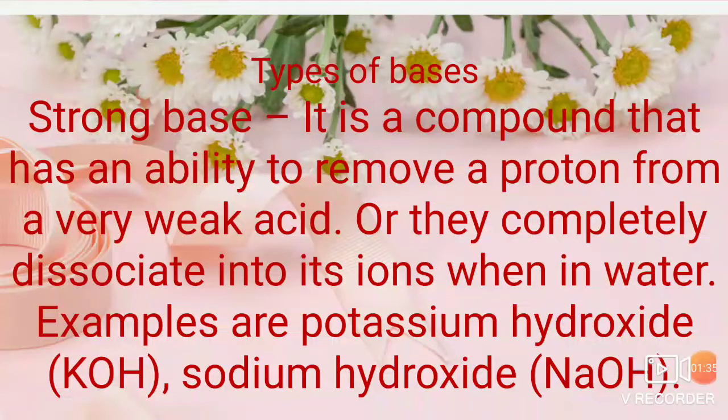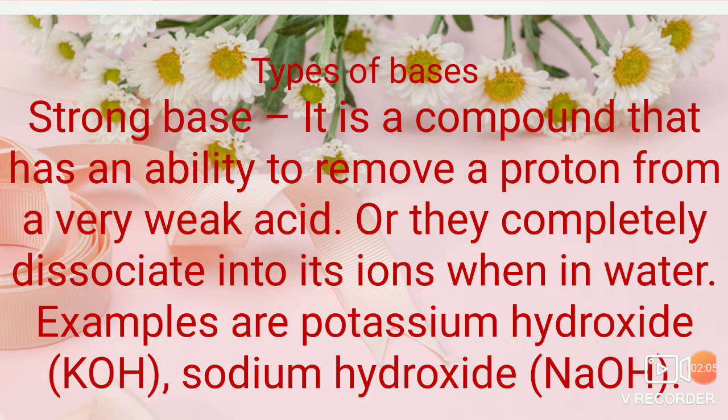Types of bases: mainly two types, strong bases and weak bases. As we know, whenever bases dissolve in water, they form alkali and start dissociating, releasing OH ions in the water. So the base which releases more OH ions and dissociates completely is termed a strong base.